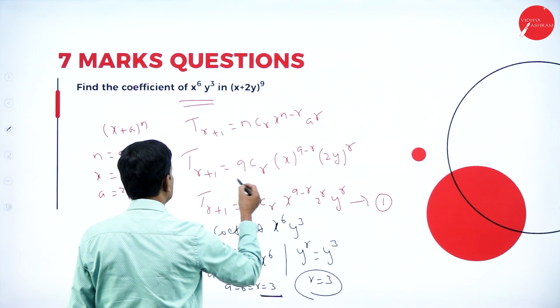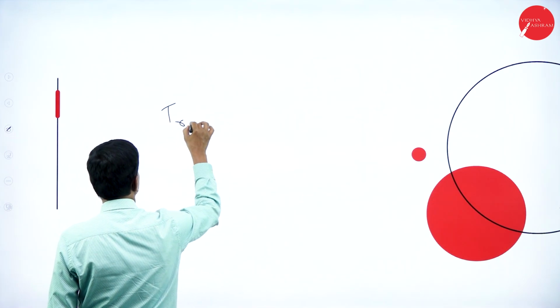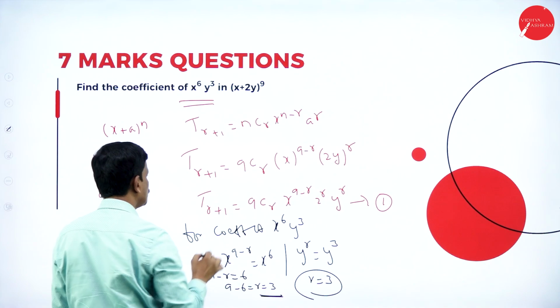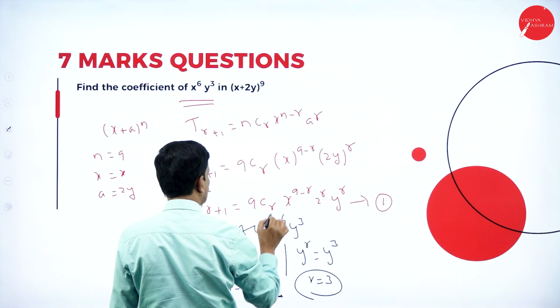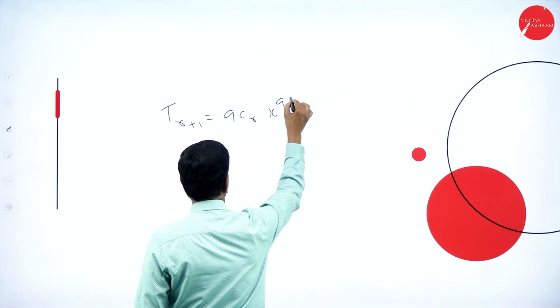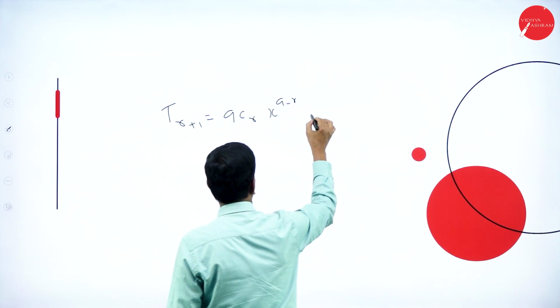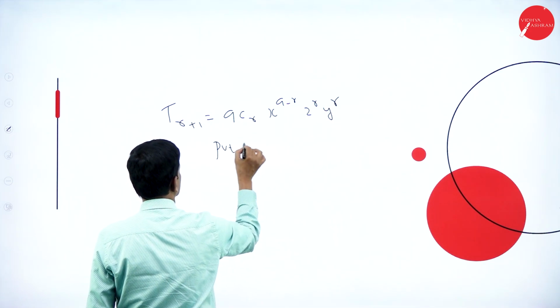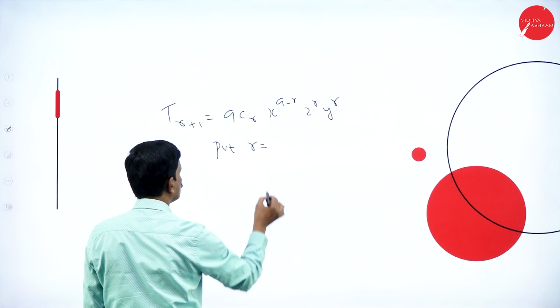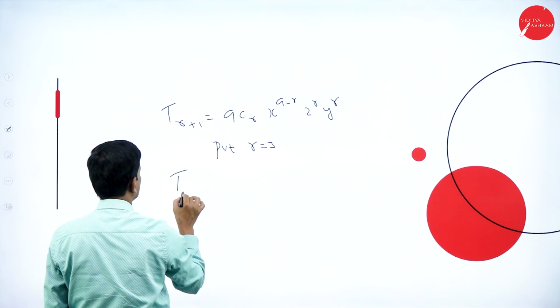Put r is equal to 3 in equation number 1. So what is equation number 1? T(r+1) is 9Cr x to the power of 9 minus r, 2 to the power of r into y to the power of r. Now put r is equal to 3 here. Then what you will get?